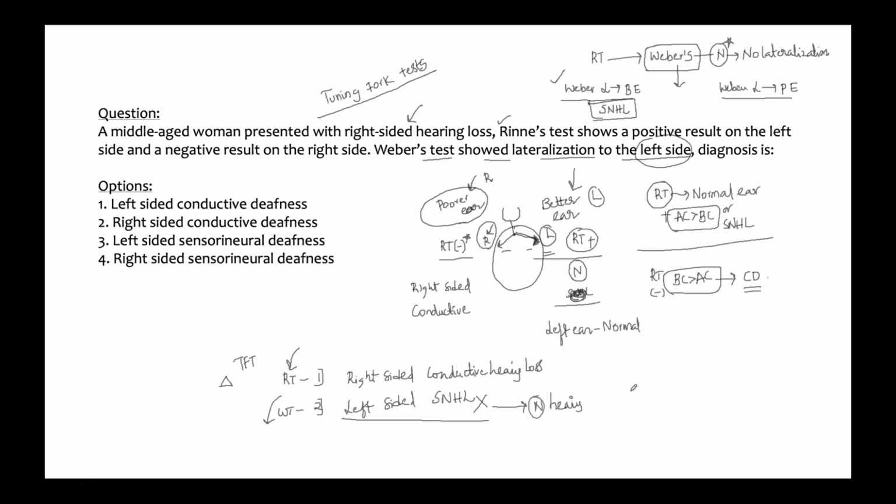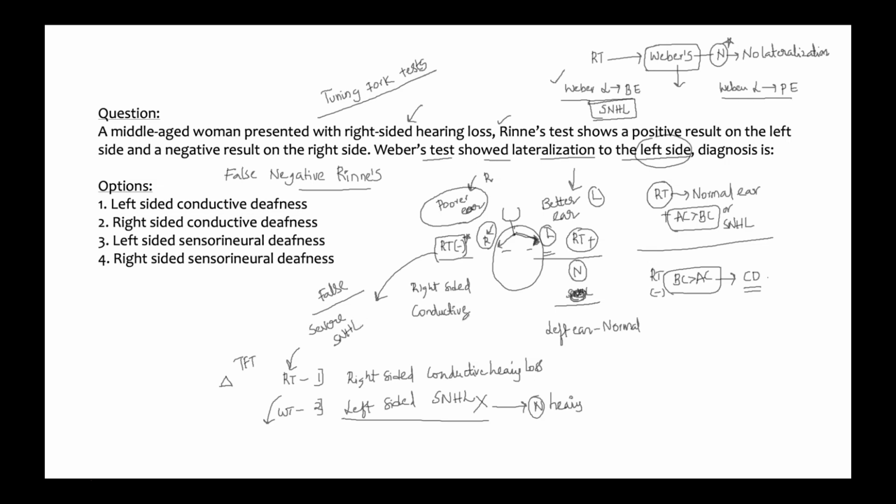So there is a mismatch, and this is a typical scenario of, very important, false negative Rinne's. This question is primarily based on the concept of false negative Rinne's test. So this Rinne's test negative is actually a false negative Rinne's test, and this is seen in very severe sensory neuronal hearing loss.